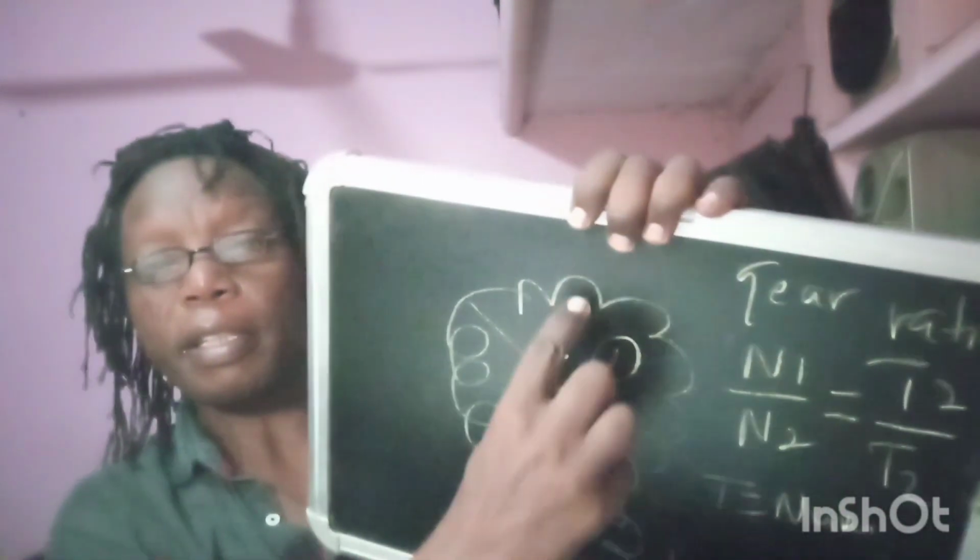N1 over N2 is equal to T2. We're gonna know in a minute what this means. Okay, and T stands for number of teeth. Means this one, teeth. The number of teeth over N, which stands for speed.